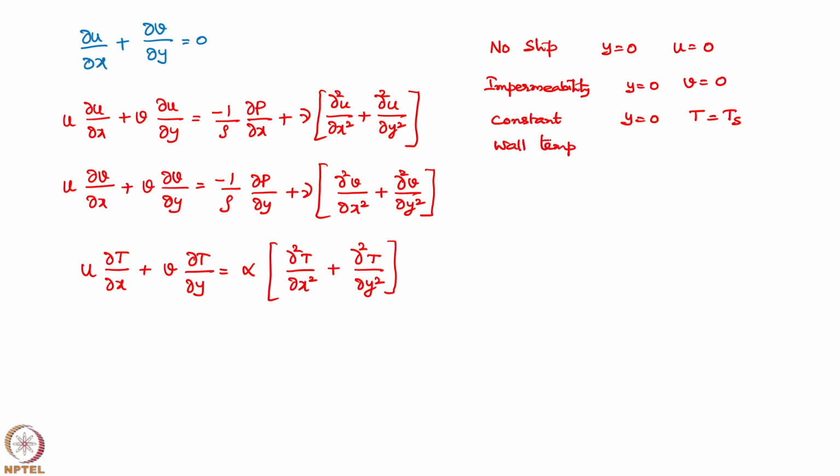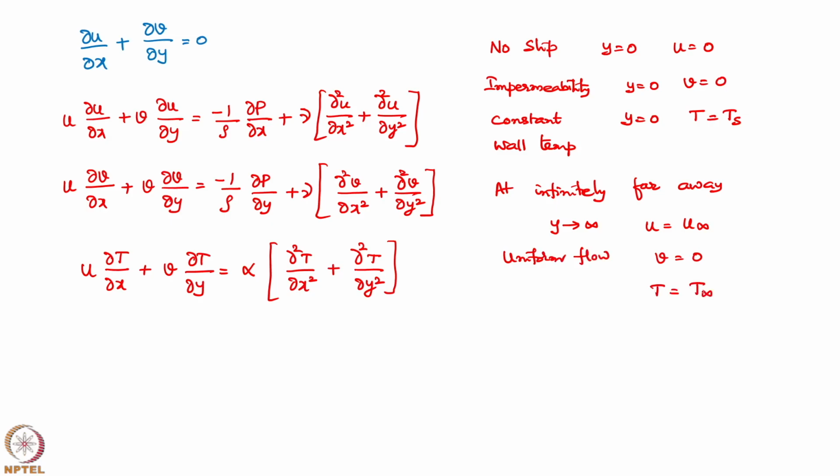Now what happens as Y tends to infinity, infinitely far away from the plate? As Y tends to infinity, U is equal to U infinity and V is equal to 0 because it is uniform flow, and T equal to T infinity because it is uniform temperature.